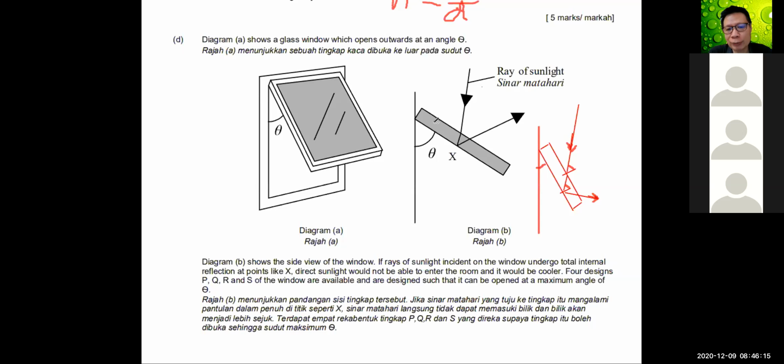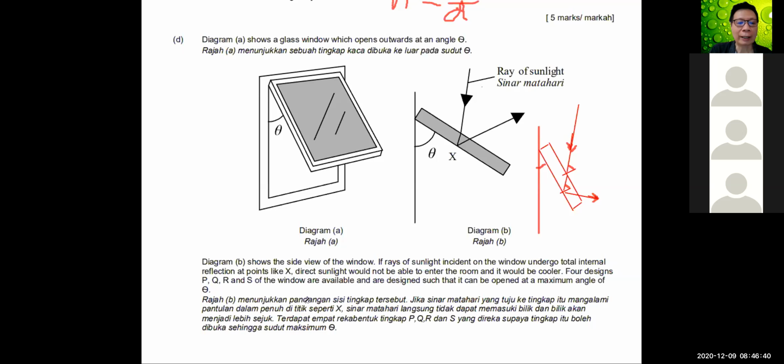If this window acts like a mirror, it reflects only 75%. But with total internal reflection, the light goes inside the glass, cannot come out, and reflects internally. So this reflection will reflect the light perfectly, 100%. So this is more perfect.